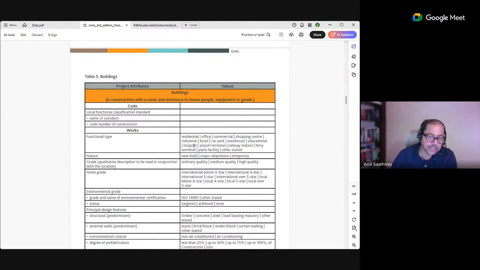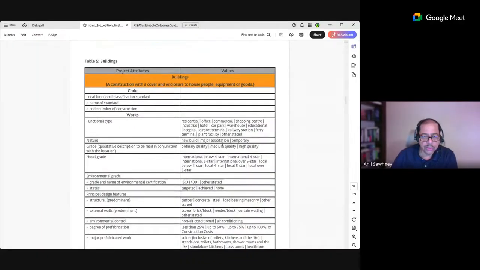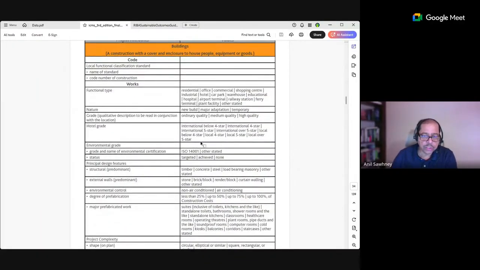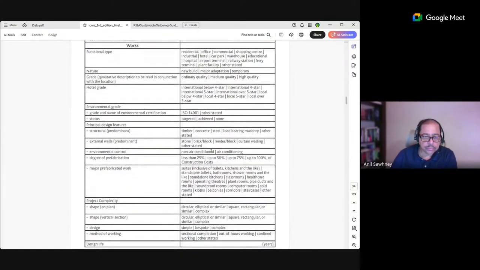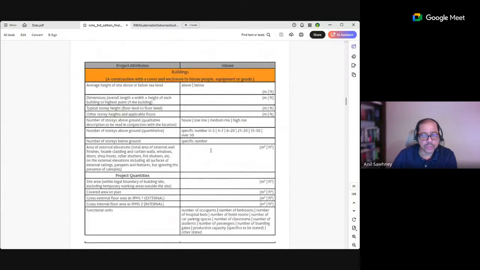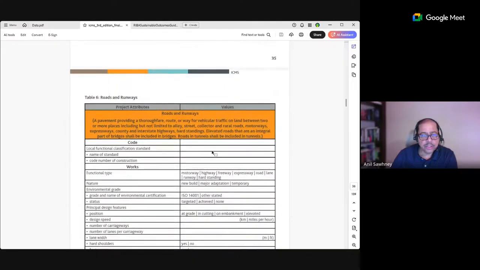For the very least, you should say whether the projects that you're storing in the database are all residential, maybe office. So this selection would be useful. And then if it's a hotel, what grade, and all that information. So that's for buildings. Similarly for roads and highways, we give what kind of road or highway it is: freeway, expressway, road, lane, and so on.